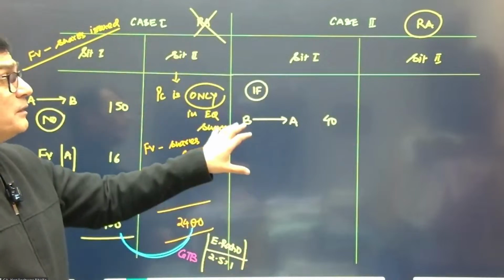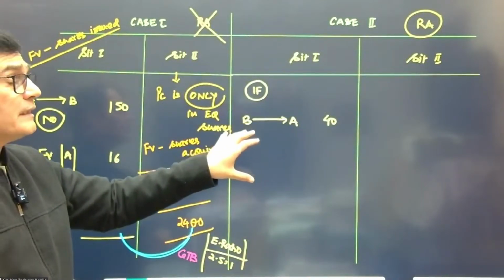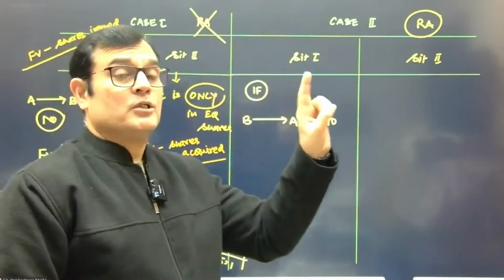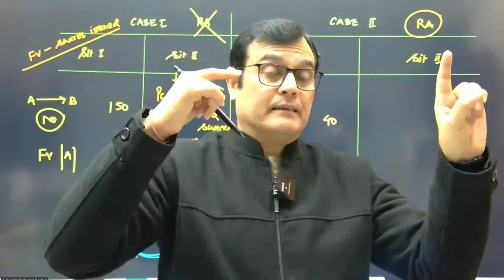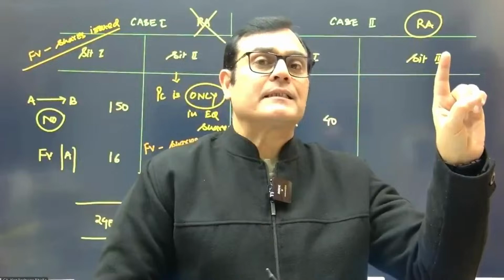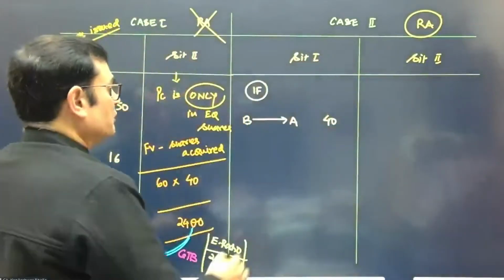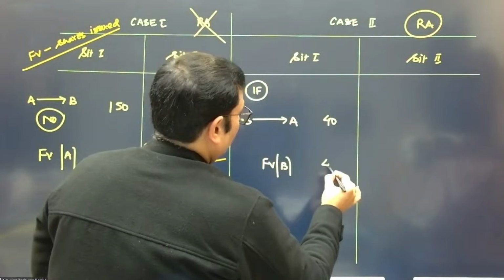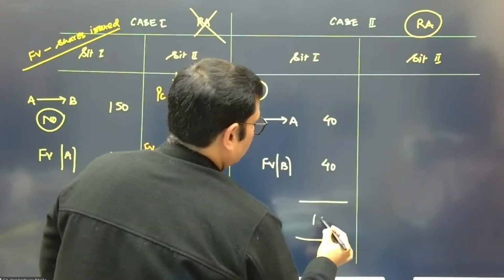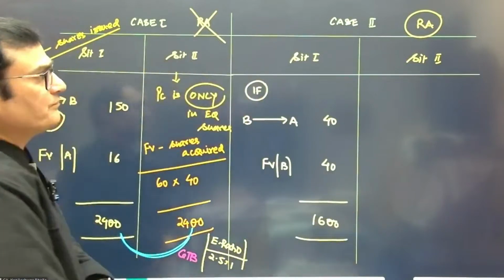Because when you're calculating the purchase consideration for a reverse acquisition, you need to consider not what is given, but what would have been given. If B would have maintained a 60% stake, he would have given 40 shares, and the fair value of the shares of B is 40. So the purchase consideration in this case is 1600.